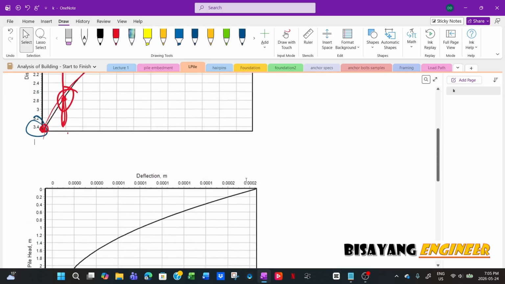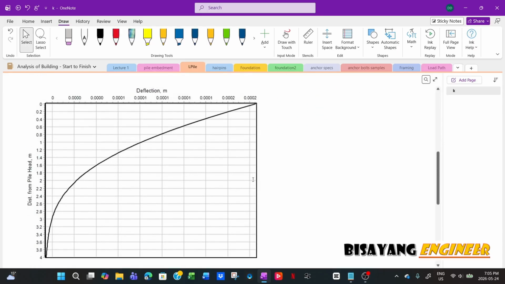Now I tried another embedment. This time this is 4 meters. Now still the same, this is our origin. If you notice, the bottom of the pile is on the left side of the origin. So that means the pile is also still rotating at the bottom.